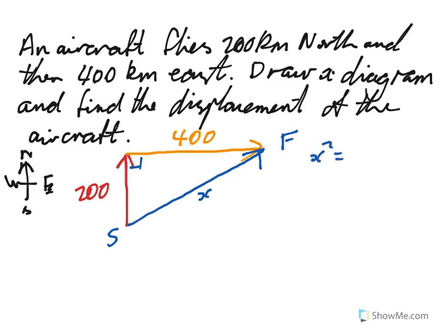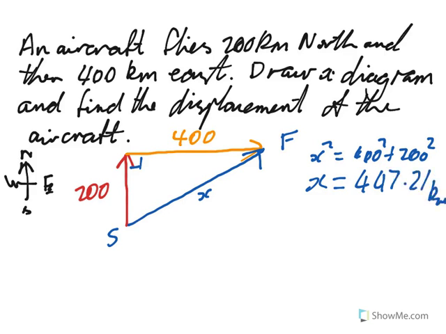X squared equals 400 squared plus 200 squared. When you do that, you get 447.21 kilometres.